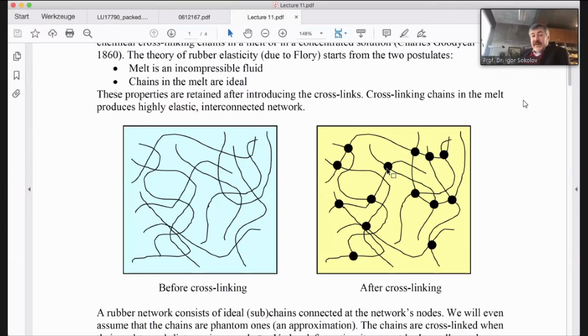It starts from two postulates. First, think how you prepared, or how Charles Goodyear prepared, rubber. He started essentially from a melt, maybe a very concentrated solution, but there is not much difference between melts and very concentrated solutions.